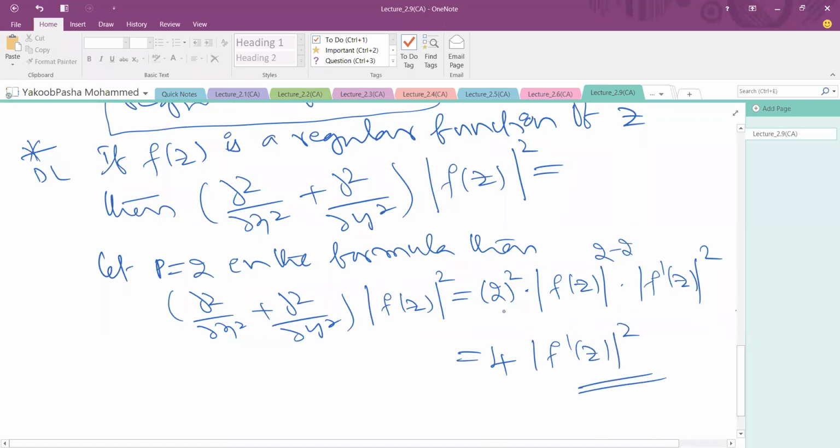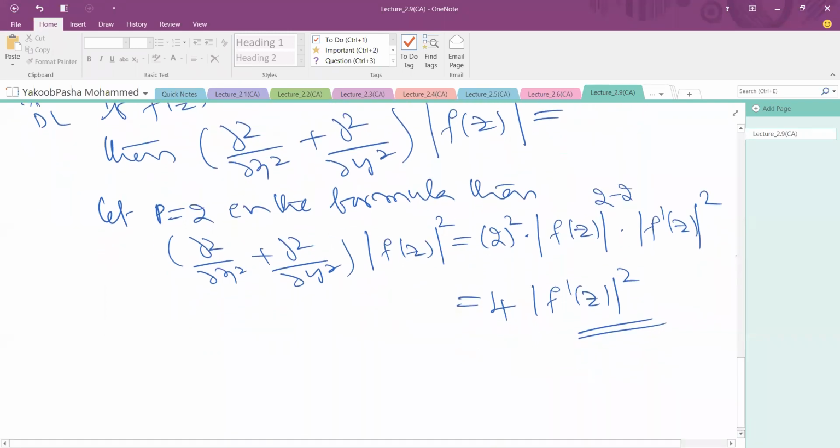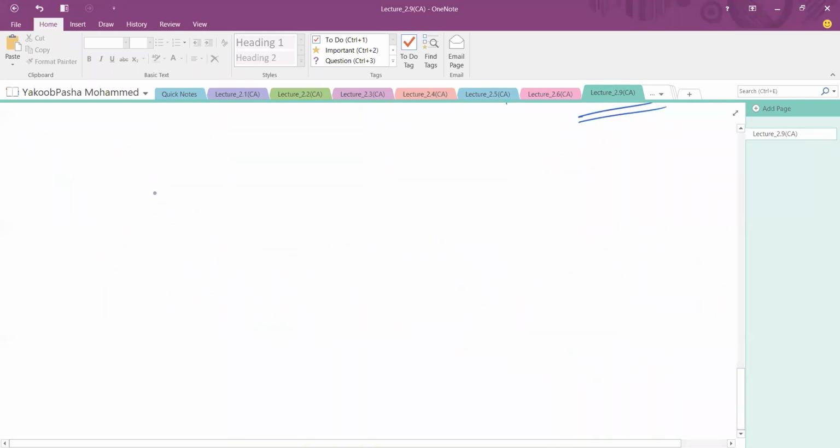Okay, the function f of z is an analytic function of z. Then del square by del x square plus del square by del y square of modulus of f of z whole square is equal to, this is the result. Now, I am taking a function f of z.